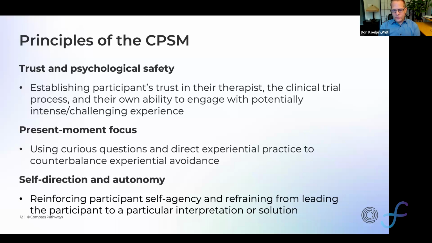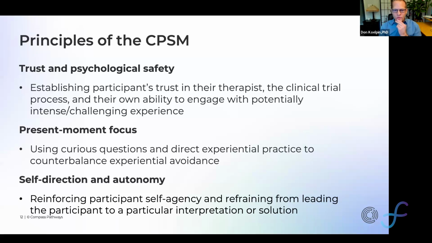And so the support model and the therapist provide two opportunities for direct practice and engagement with the present moment during preparation. The first one is through a style of using what we call curious questions, where they're asking people to reflect on the things that are happening to them, that they're experiencing in the moment, while they're discussing preparation or exploring their background, or discussing, in the depression studies at least, their history of depression and how depression has impacted their life.